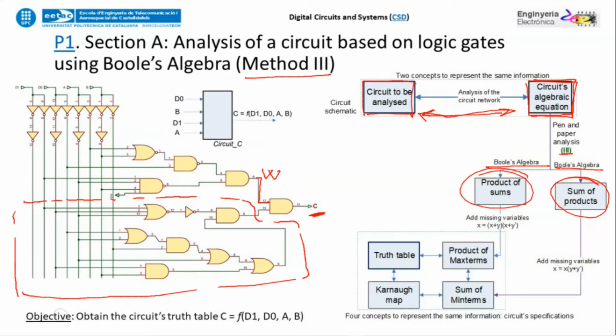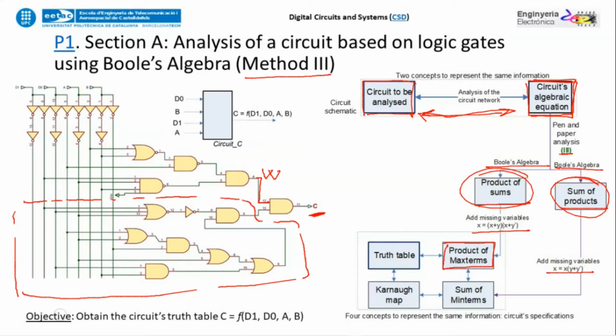That depends on the layout of the circuit. So in one way or another, we will get this product of sums or sum of products, from which we can then later add the missing variables using one strategy or the other, and so reach the truth table, by means of obtaining the product of maxterms.